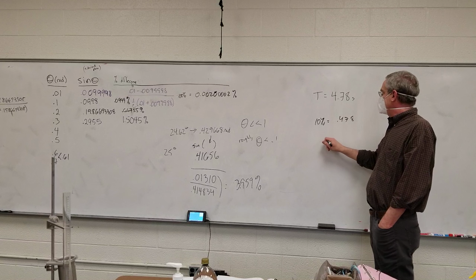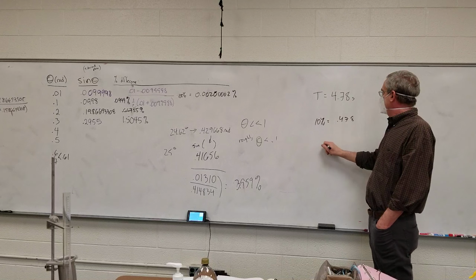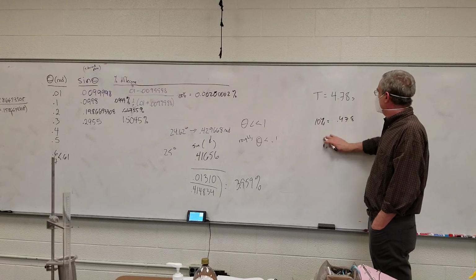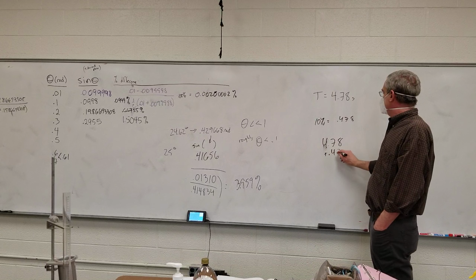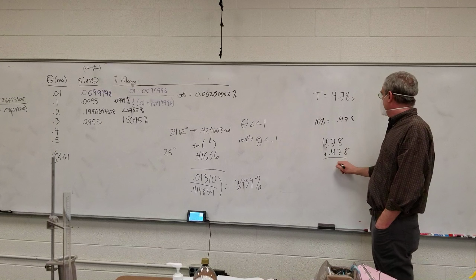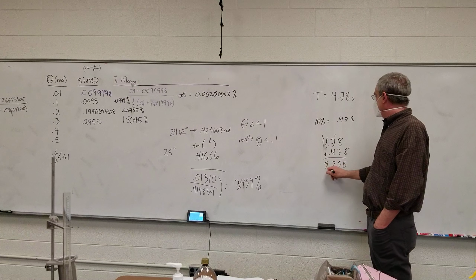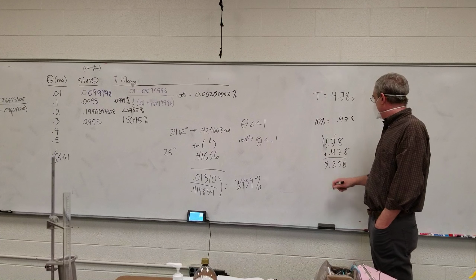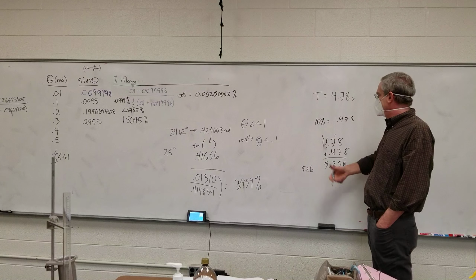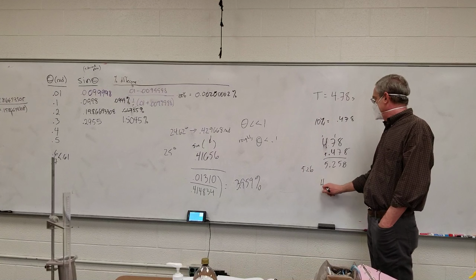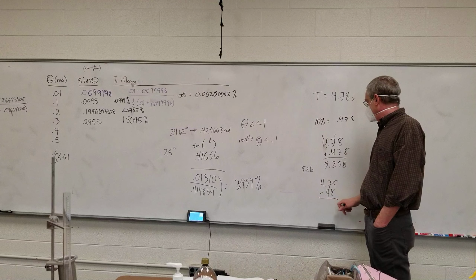So 10% off means on either side it would be, let's do it the old-fashioned way, 4.78 plus 0.478, so 5.26 on one side, and 4.78 minus 0.48 on the other.